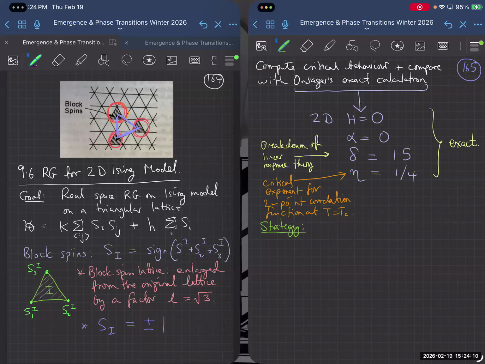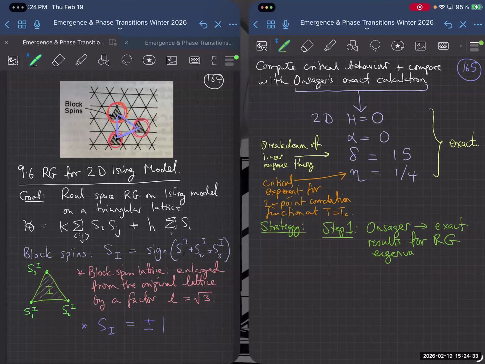So the strategy is going to be, step one, use Onsager to get the exact results for the renormalization group eigenvalues. So we're going to work backwards from the answer.